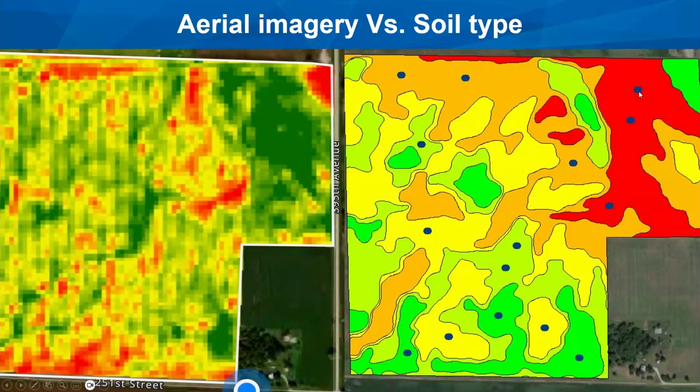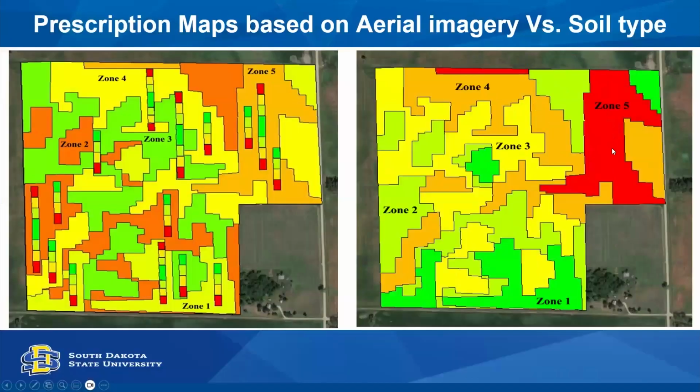In this area, historical yield data says apply less, but the imagery says if you apply more, it can do better. For that reason, our application was changed. This is the prescription map we had for that field, despite the recommendation here being low.